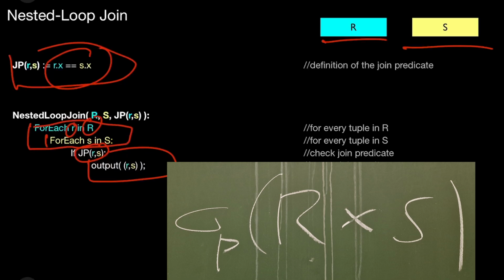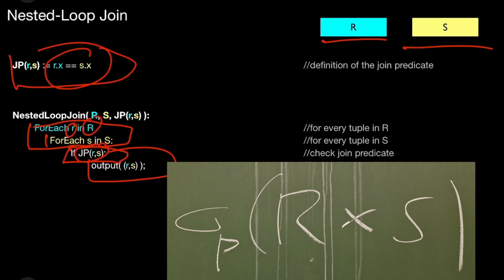And what I'm adding here in the nested loop join algorithm is the relational algebra operator selection.